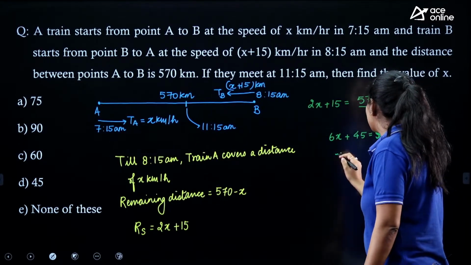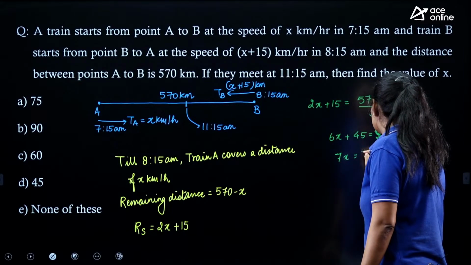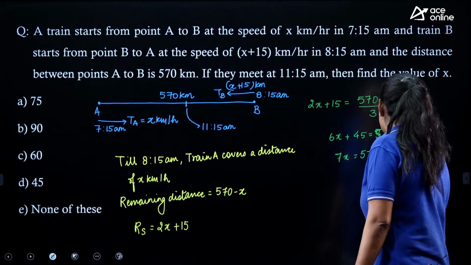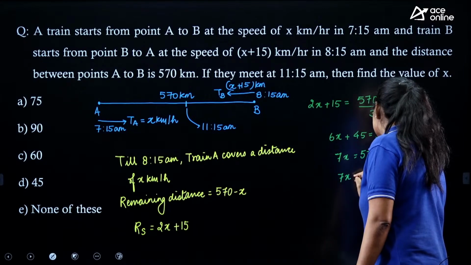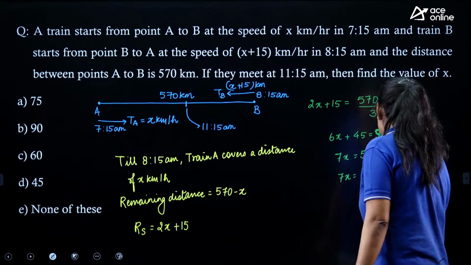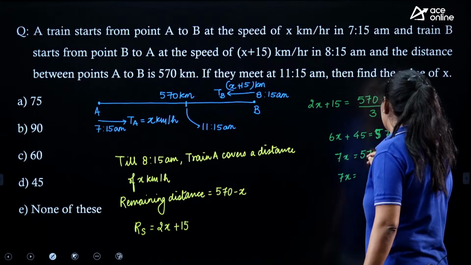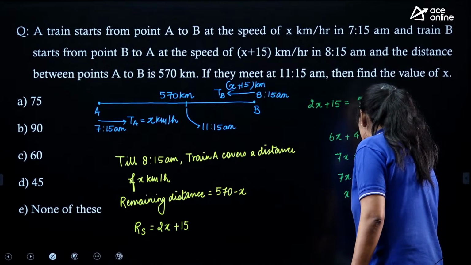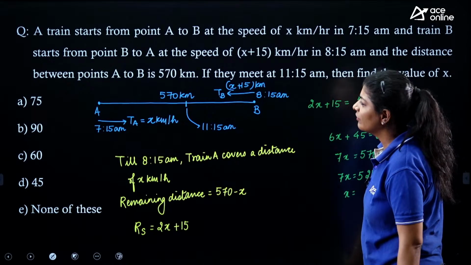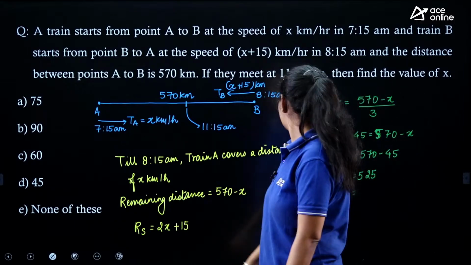So here we are getting 7x equals 570 minus 45. So 7x equals 525, so the value of x that we are getting is 75.